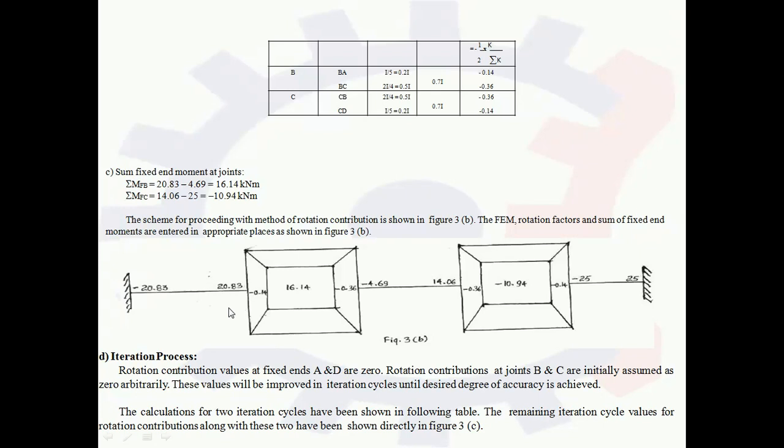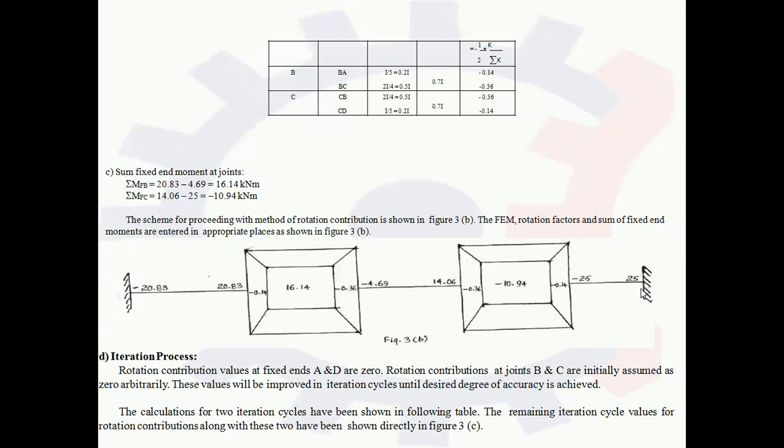Now the rotation contribution value at A and D will be 0 because there is no contribution factor, but BC, BA, CB and CD have the contribution factor, and hence there will be a rotation contribution value as well.